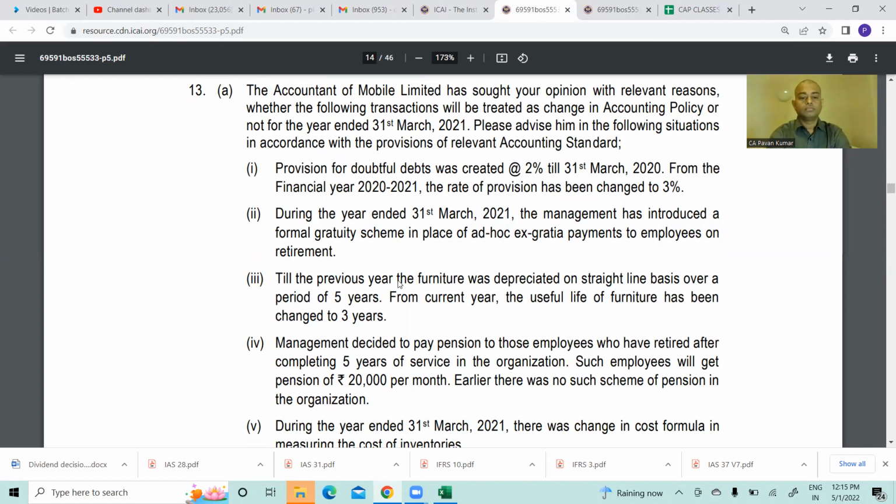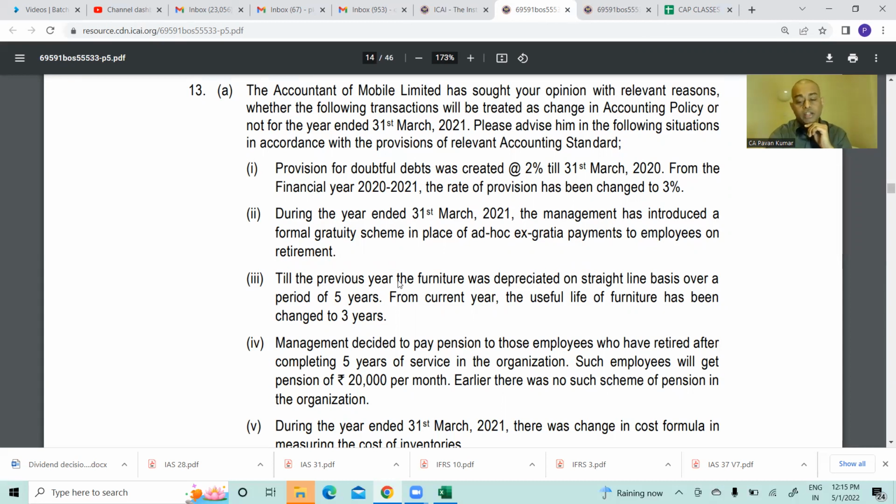From the financial year 2020-2021, the rate of provision has been changed to 3%. So you used to create provision for bad debts at 2% till last year. Current year onwards, you changed it to 3%. So is it a change in accounting policy? No. It's a change in accounting estimate.